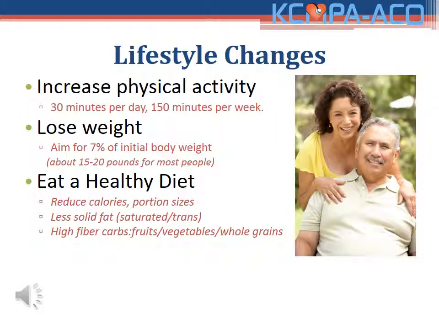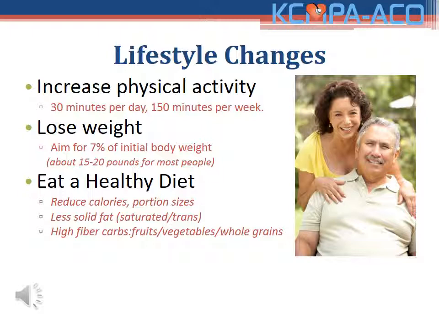It's important to inform patients that simple lifestyle changes are an effective way to reduce insulin resistance and help prevent diabetes. A research study called the Diabetes Prevention Program found that people who had prediabetes or who were at very high risk for developing diabetes could prevent it with weight loss, exercise, and healthy eating habits.